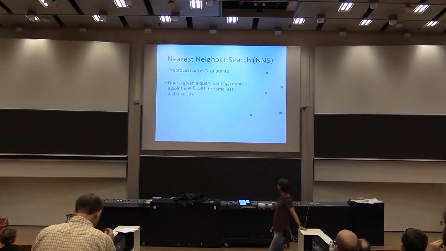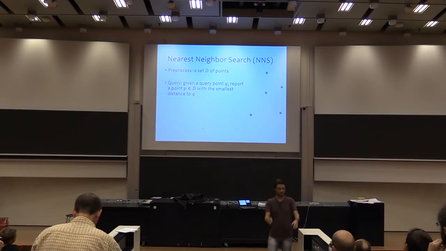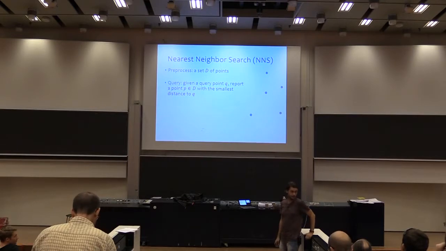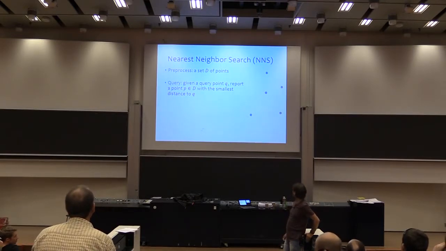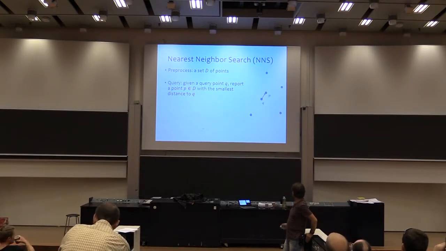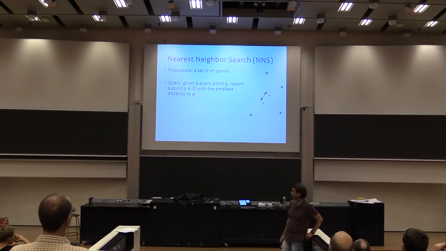Okay, and again, the focus of attention is this problem called nearest neighbor search that I defined yesterday, which is a data structure question, where for the query we need to report the closest point from a data set.